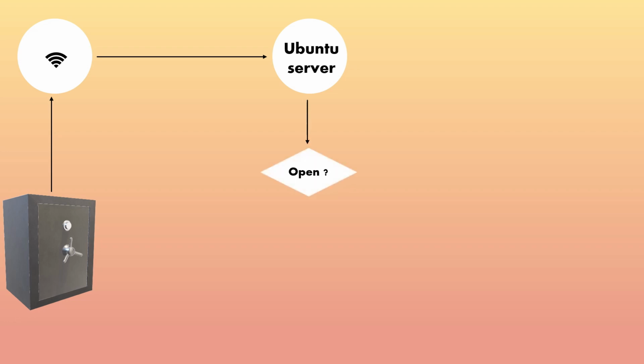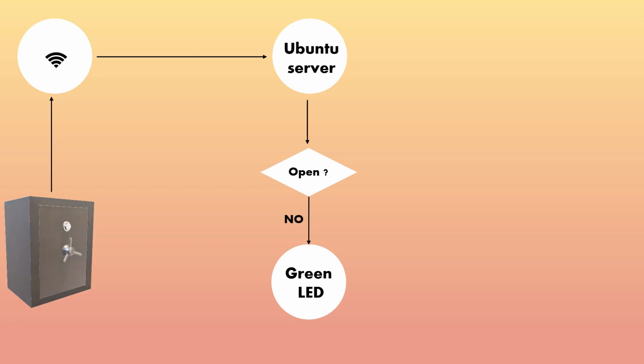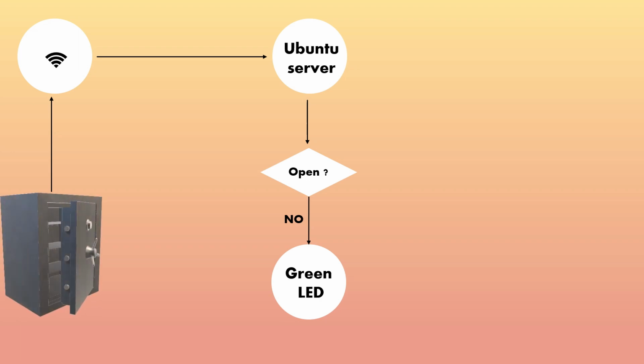Then our server processes it and sends back the instruction that the door is closed and the green LED has to be blown. Now when the door gets opened, the sensor sends the data to the Wi-Fi module, the module sends data to the server, and the server processes it and sends back the instruction to the module that the door is open and the red LED has to be blown.